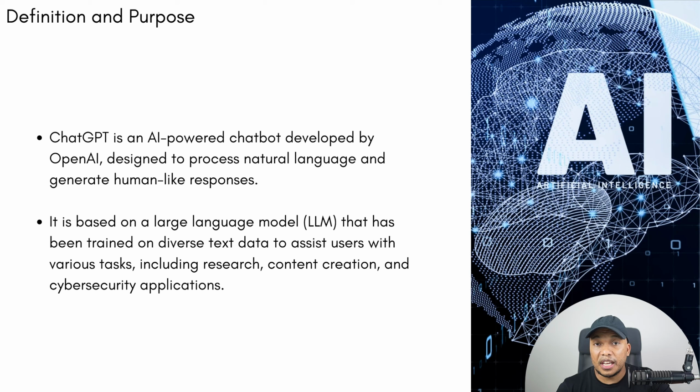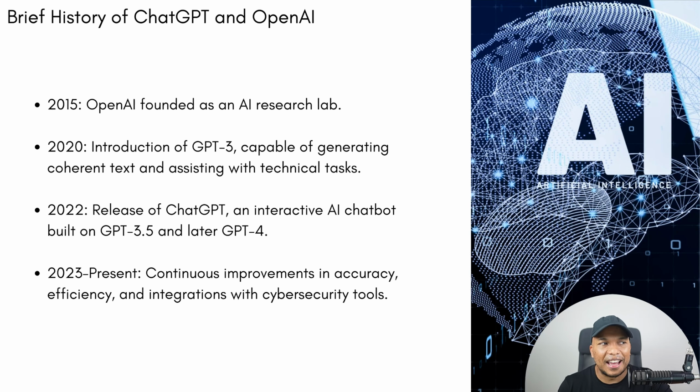Now, ChatGPT is based on the large language model, what we call the LLM, that has been trained on diverse text data to assist users with various types of tasks, including, of course, research, content creation, and, because we're talking about cybersecurity, cybersecurity applications.